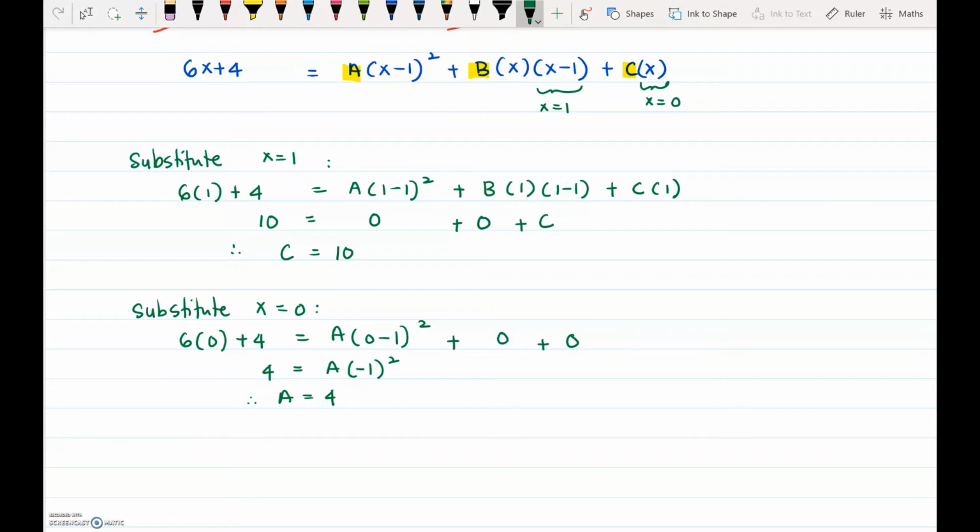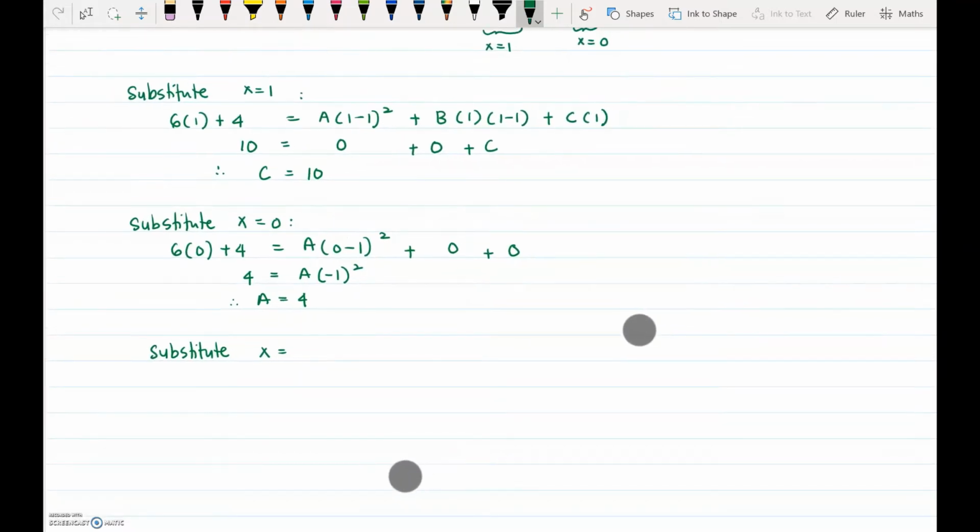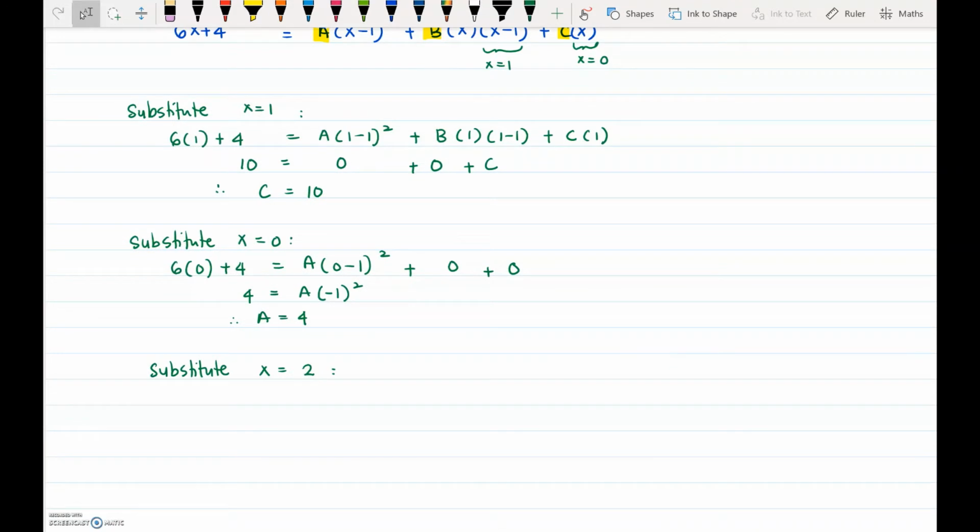So for the third one, substitute x. You can choose any value of x. Let's say we choose x equals to 2, for example. Then also you have to substitute your a equals to 4 and your c equals to 10.